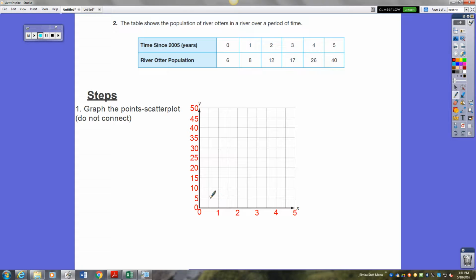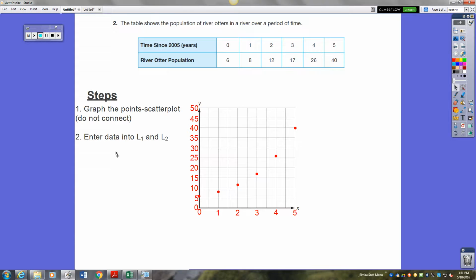So 0, 6; 1, 8; 2, 12; 3, 17; 4, 26; 5, 40. What I'm seeing here is a slight curve, so it's telling me it's not linear.